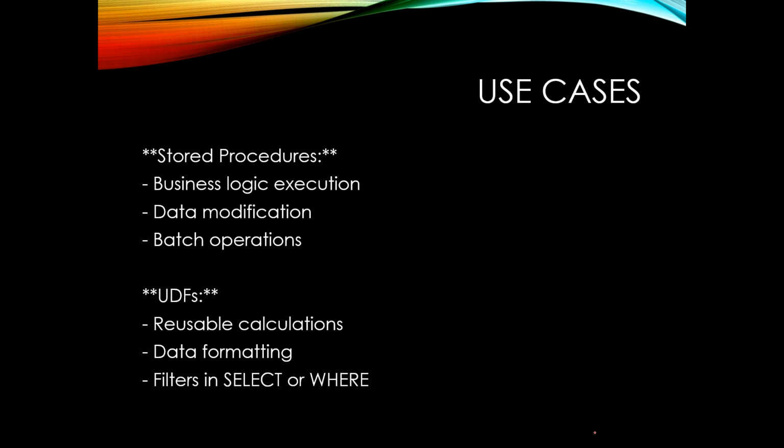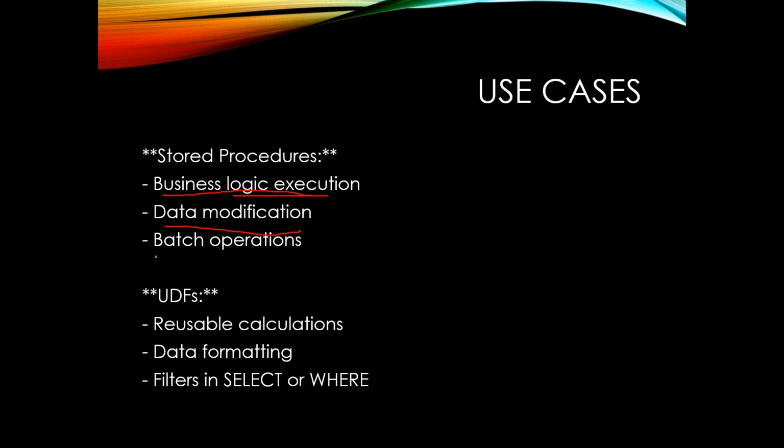Now we discuss when to use what. If talking about stored procedures: if there is business logic execution, complex operations, then we use a stored procedure. If there is data modification, updating, inserting data, we can use a stored procedure.